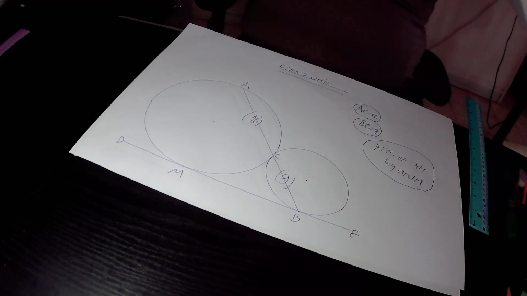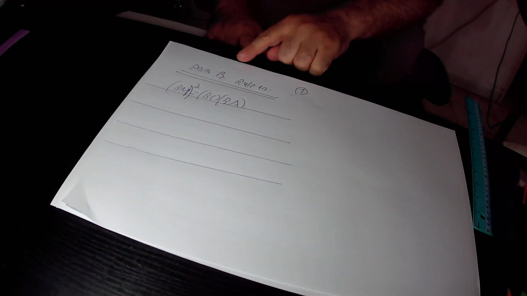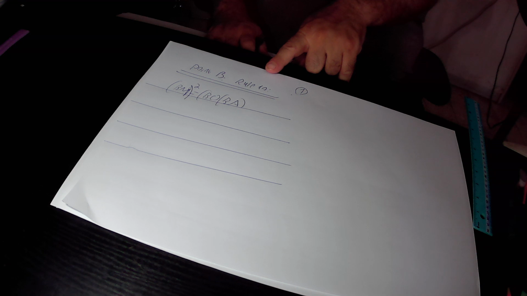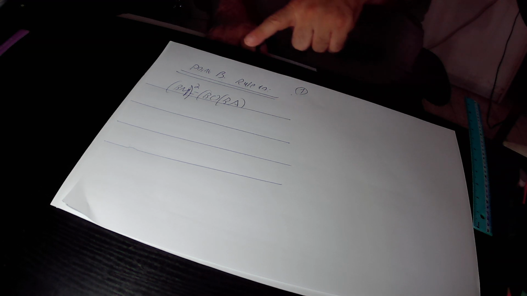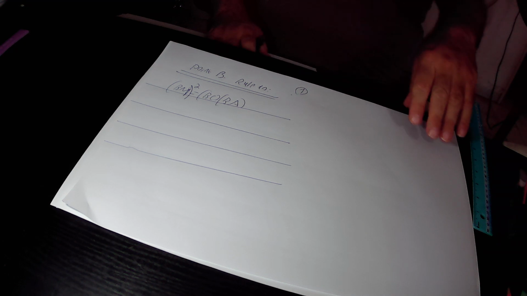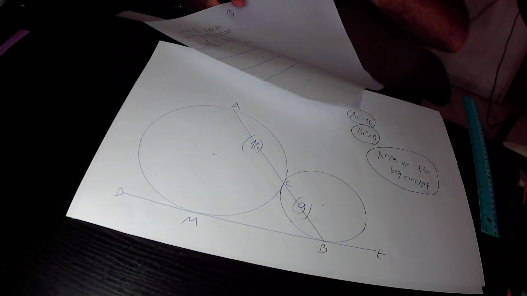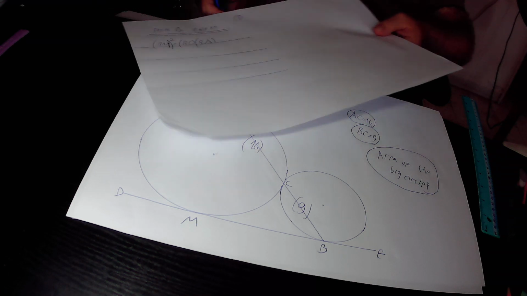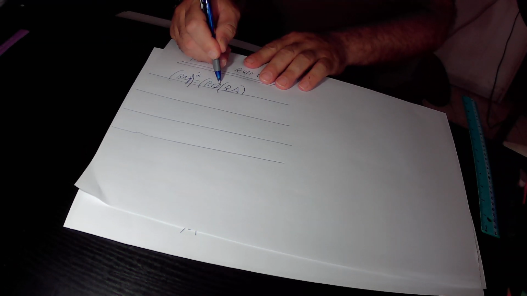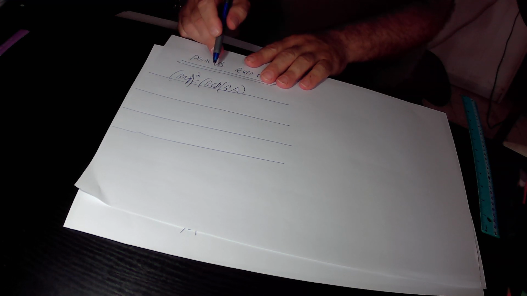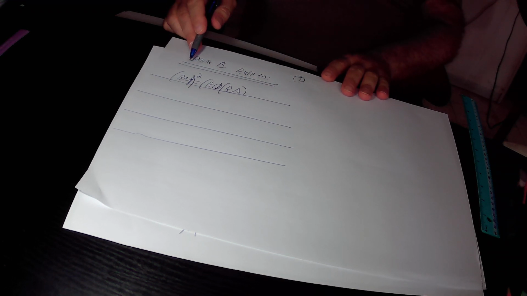If we focus on the common start point B, according to rule 10, the following equation is true: BM square equals BC times BA. Again, according to rule 10, BM square equals BC times BA.